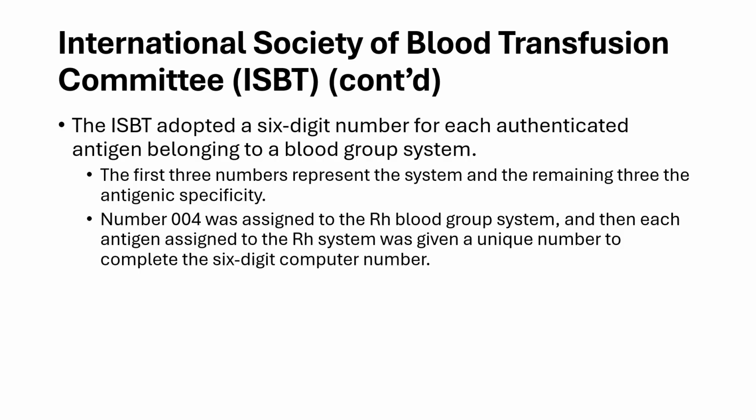How this works is the first 3 digits represent the blood group system. The last 3 digits indicate the specific antigen within that system. So the Rh blood group system was assigned the number 004. Each Rh antigen was given a unique number following 004 to complete the 6-digit identifier.